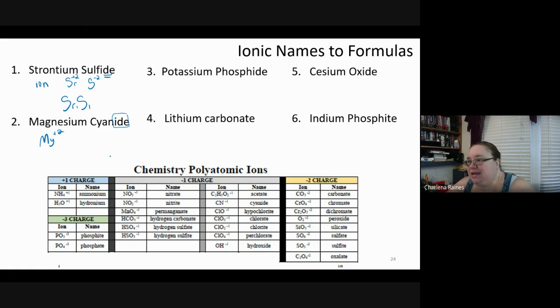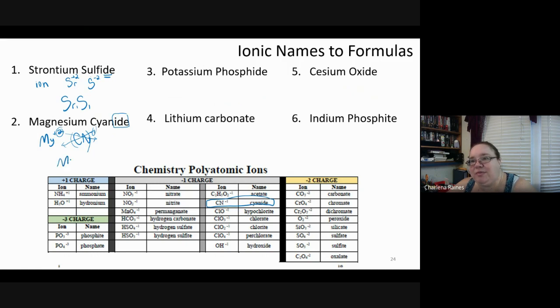So cyanide is CN-1. My charges can't reduce. They don't cancel out. So I must swap and drop. And even though there's no little subscript beside my cyanide, I still want to get in the habit of putting those parentheses around it.